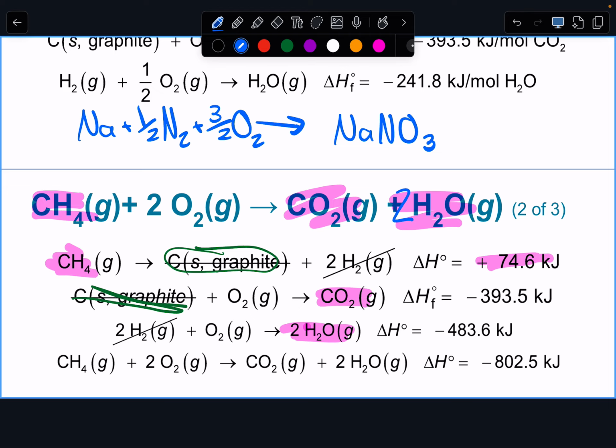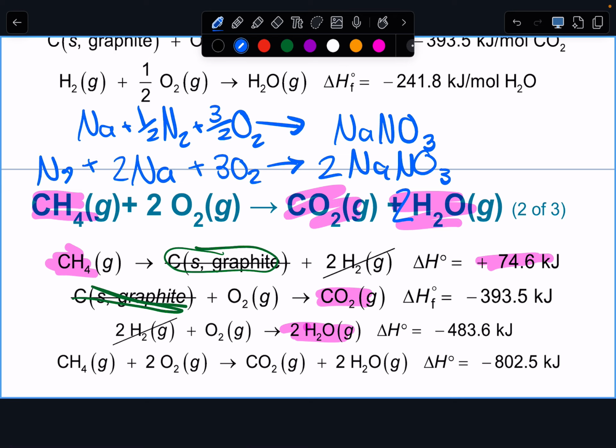Okay, so recognizing that, and maybe I would have something else like 2 NaNO3 and 3 O2s and 2 Nas and an N2, right? So that one is not correct because you only want to make 1 mole of NaNO3. Okay? So I want you to know what those are. You're not actually going to end up using them. It's just that's why using them in this equation works out. It's an application of Hess's law.